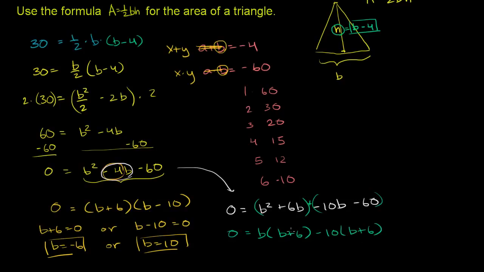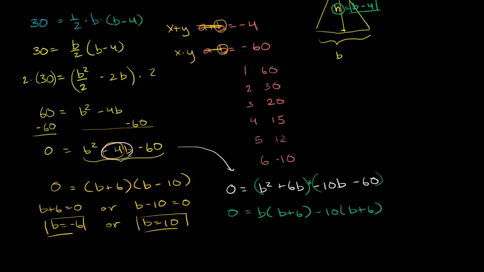All that's equal to 0. And now you can factor out a b plus 6. So if you factor out a b plus 6 here, then you get 0 is equal to b minus 10 times b plus 6. We're literally just factoring this out of the expression. You're just left with a b minus 10.